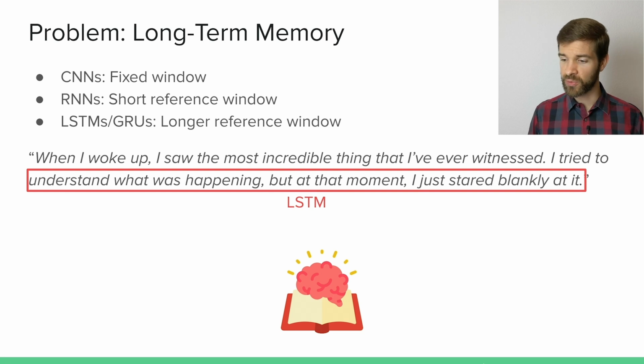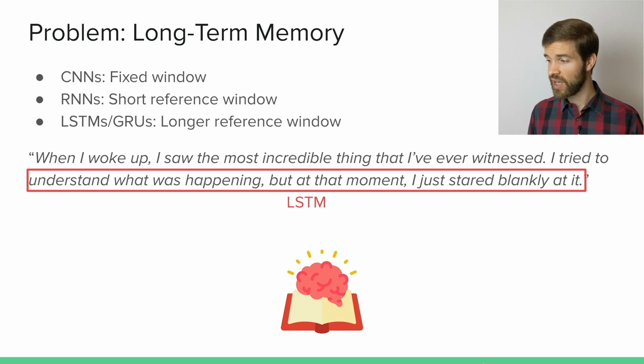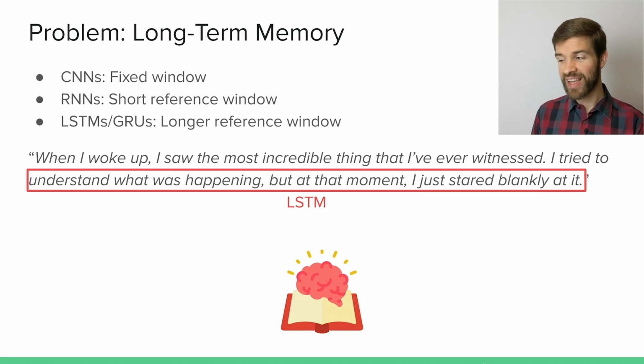For example, here, when we were reading the sentence, "When I woke up, I saw the most incredible thing that I've ever witnessed. I tried to understand what was happening, but at the moment, I just stared blankly at it." So, thinking about this word "it" at the very end, what does it refer to? Even with the long reference frame that LSTMs give us, it can refer to something that we saw much earlier, in this case, the most incredible thing.